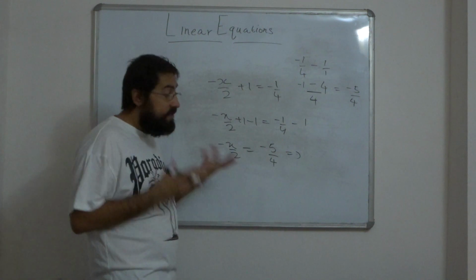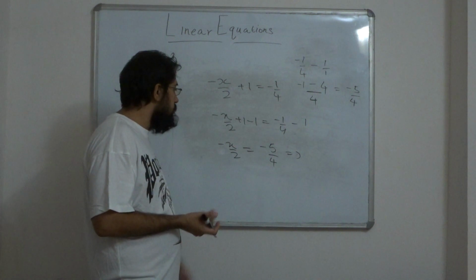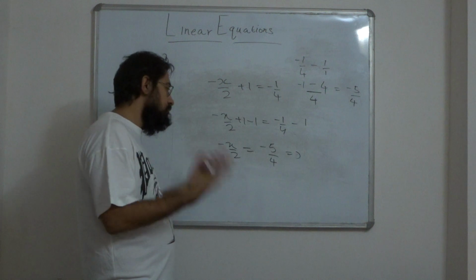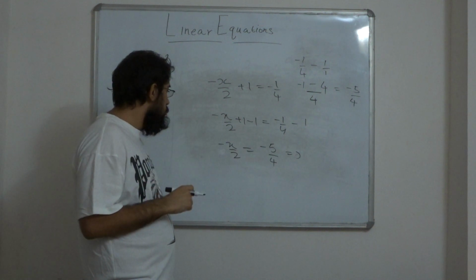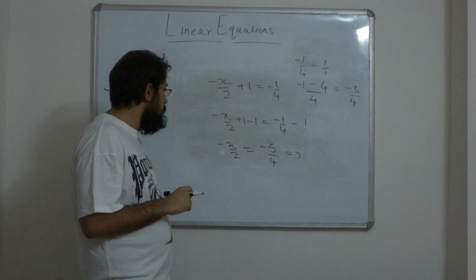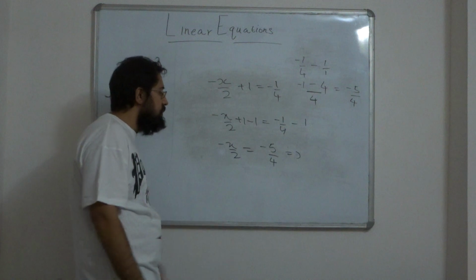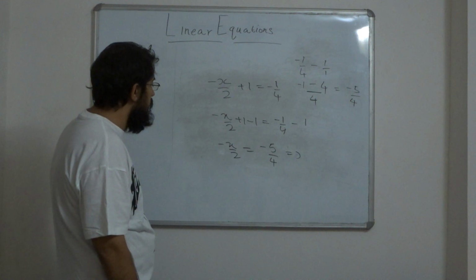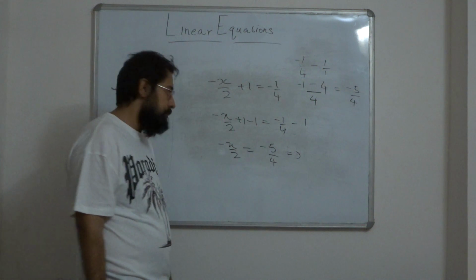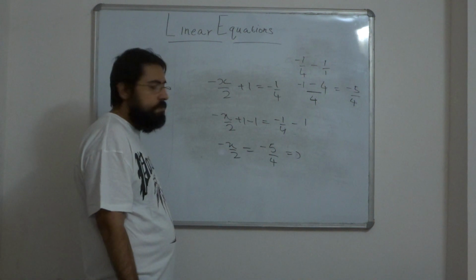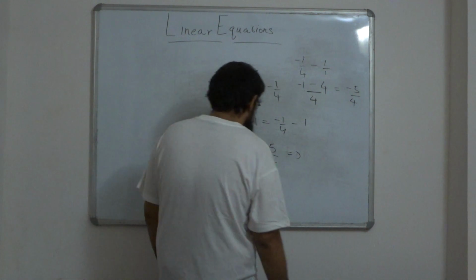It's kind of tricky, but you can either cross multiply, but after cross multiplication you'll have to divide again, or you could take 4 as the LCM and say negative 2x equals. It doesn't matter, you're going to have to divide either way. So I'd rather cross multiply.